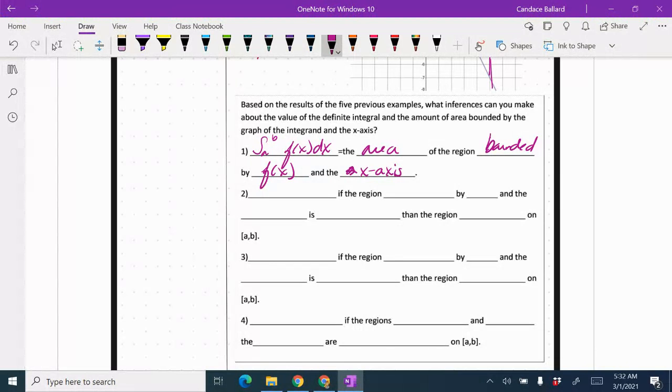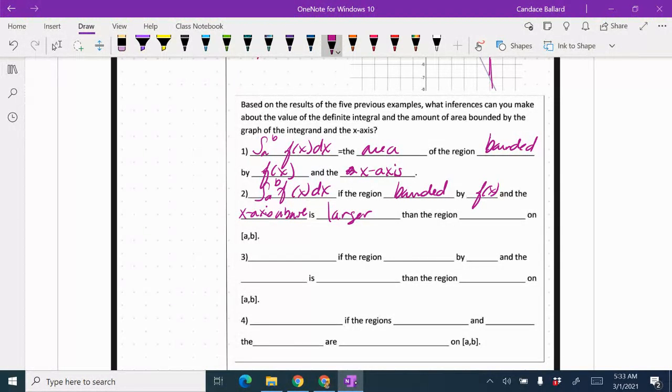Okay. And then we saw some different patterns. So we noticed that if we have the integral from a to b of f of x dx greater than 0, then the region bounded by f of x and the x-axis above is larger than the region below.